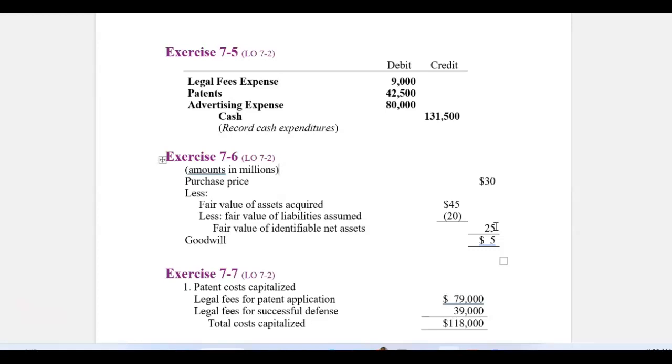Goodwill, normally in accounting, you don't depreciate, you don't amortize it, but you can on an annual basis reevaluate your goodwill.